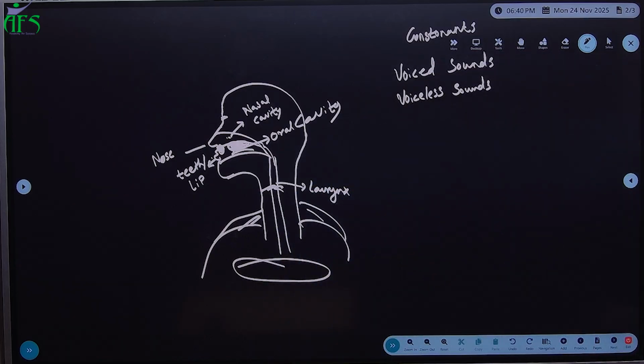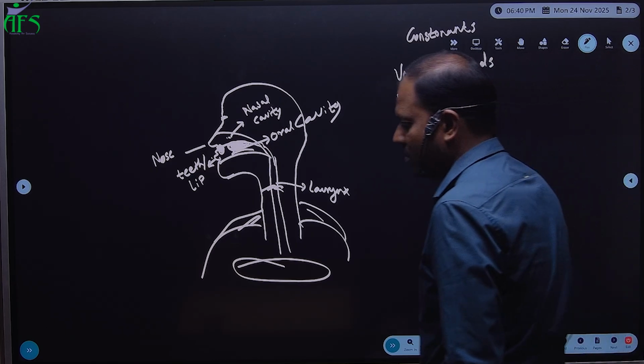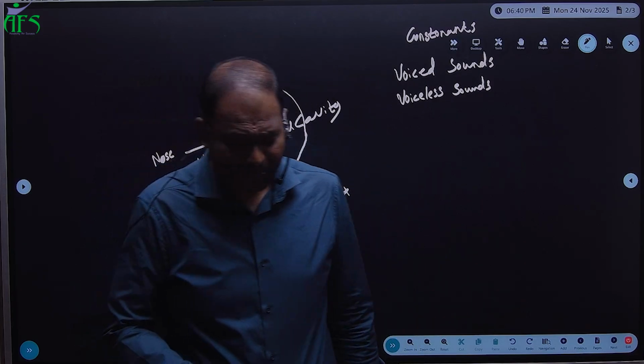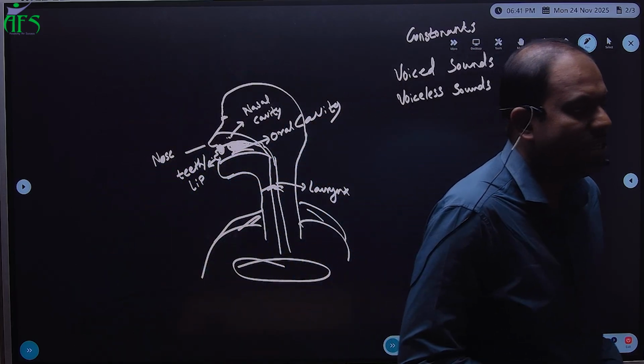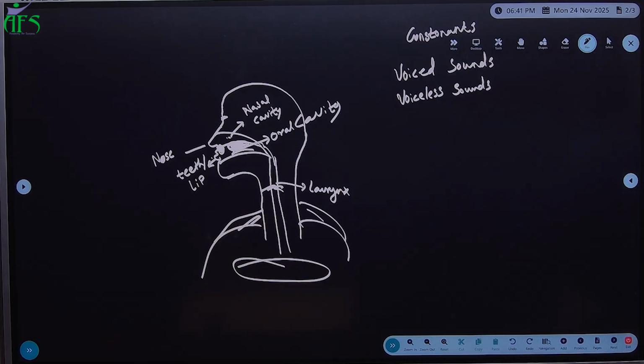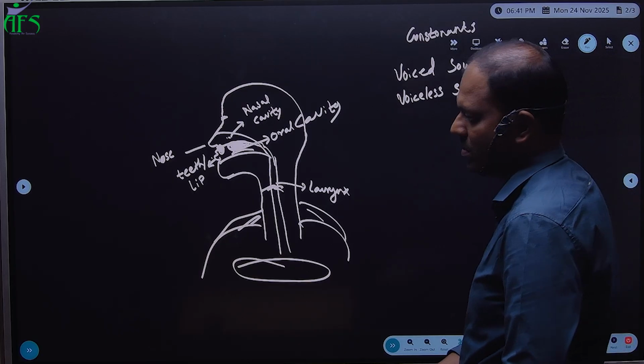Such sounds are called alveopalatal sounds, and in English you will find around 4 sounds in the palato-alveolar category. What are the sounds there? Ch, j, and sh. Do you recall? So these are the alveopalatal sounds.